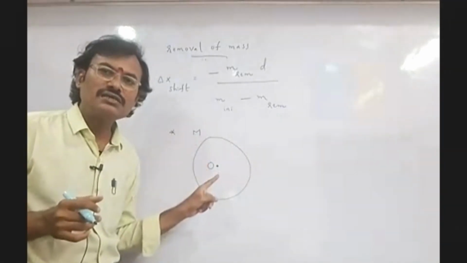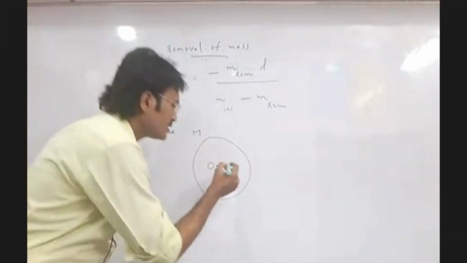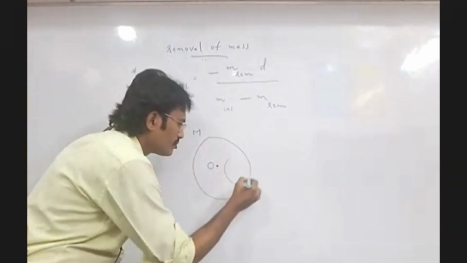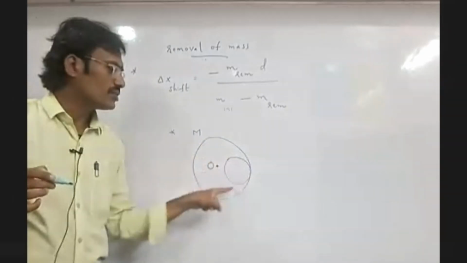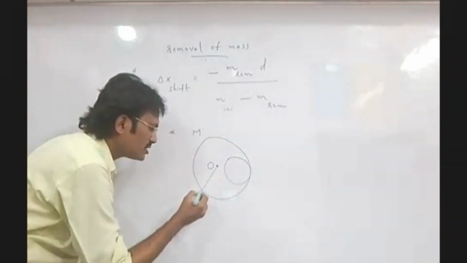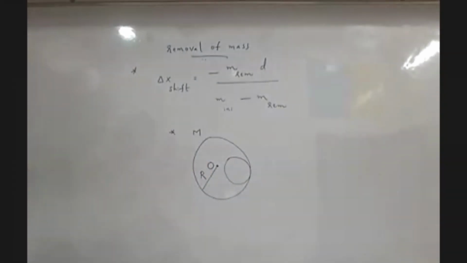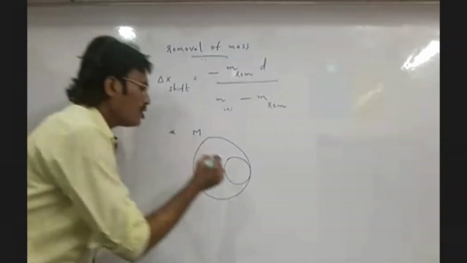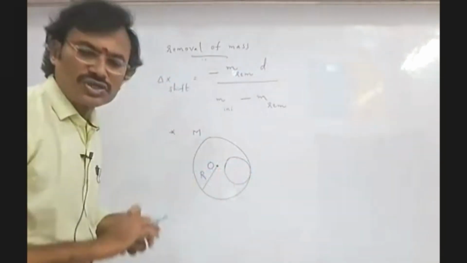From this mass, some amount of mass is removed like this. See here, one small circle is considered. This big circle has radius capital R. Now I'm taking this as the removed portion.